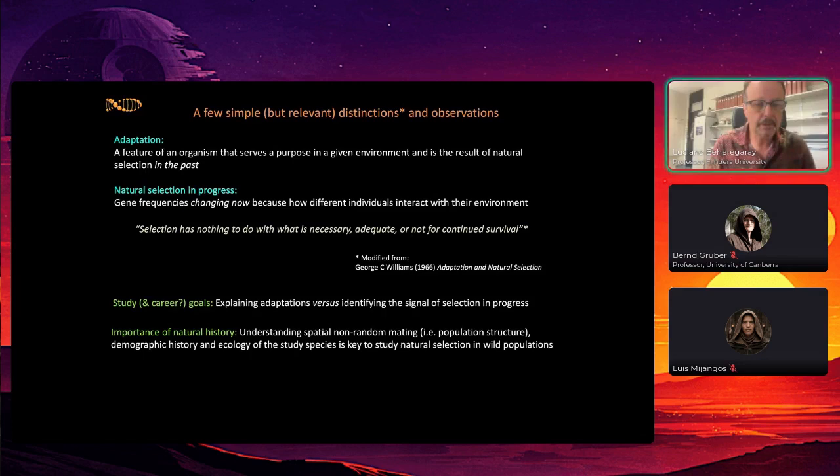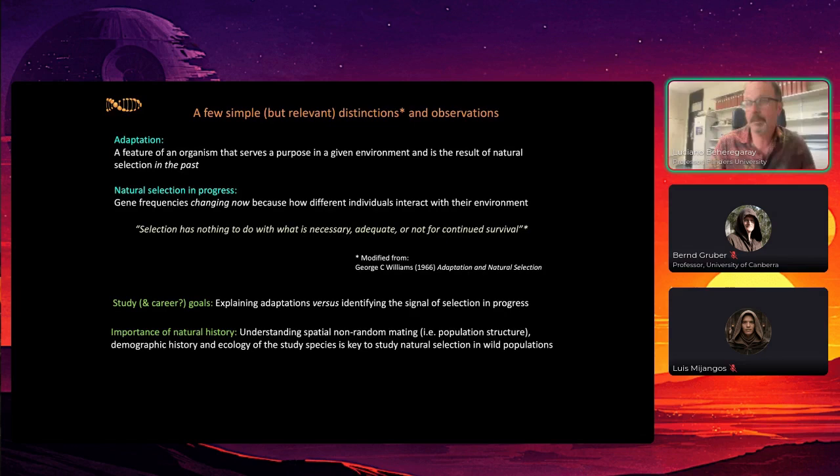You can, in many ways, easily characterize population structure and to some extent demographic history. However, if you want to really dig deep into natural selection, you have to know the ecology of your study species. You have to go to the field and be bitten by your study species, fall in love with it, understand the environmental context that species is found in, fall in love with the habitat of that study species. Those types of things really, really matter.